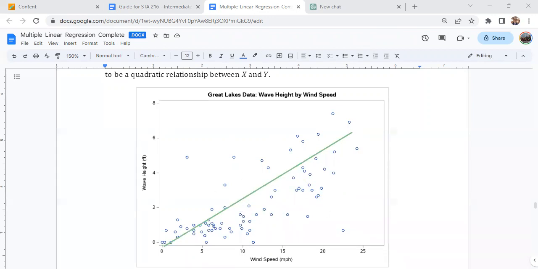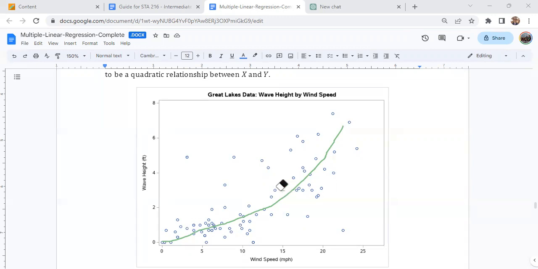But maybe we'd have better predictions if we could fit it with a curve like that, with exponential growth in the relationship. Maybe our predictions would be more accurate.